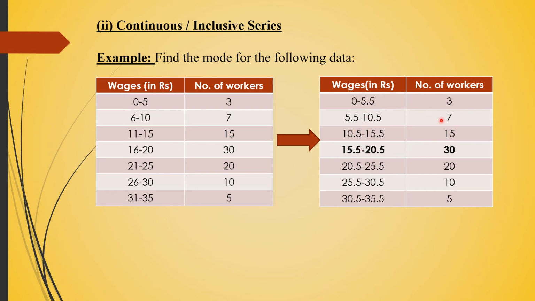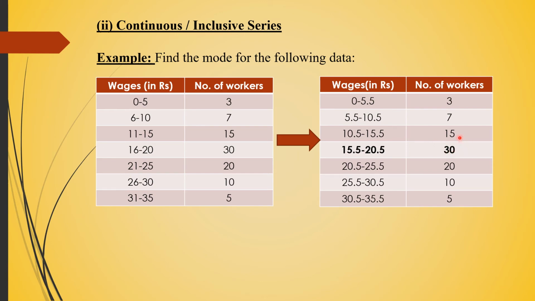And the corresponding number of workers, which is the frequency, is given to us as 3, 7, 15, 30, 20, 10 and 5. So here we can see that the number of workers is maximum, 30, for the wages in rupees of 15.5 to 20.5. So this class becomes our modal class, and its lower limit L is 15.5. F1 is the frequency of the modal class, which is 30.